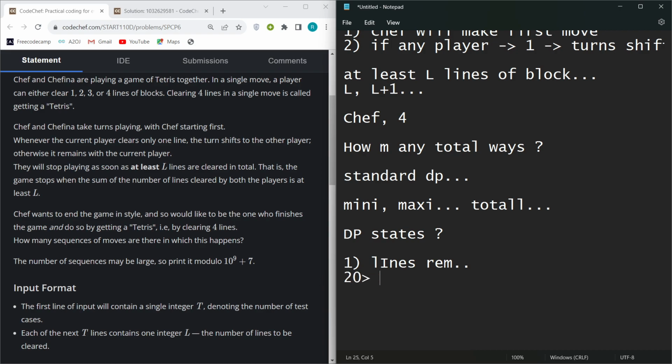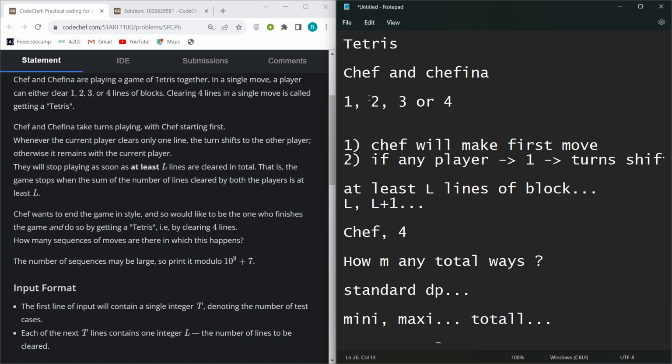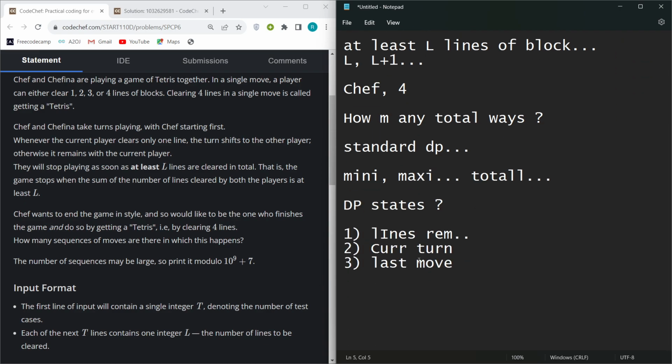The second thing is whose current turn it is. The third thing is what the last move was: either you chose to clear one line of blocks, 2 lines, 3 lines or 4 lines. And the fourth thing is who will make the next move. So this is a 4 state DP. And after you calculate this, the problem is very simple. So let's directly see the code now.